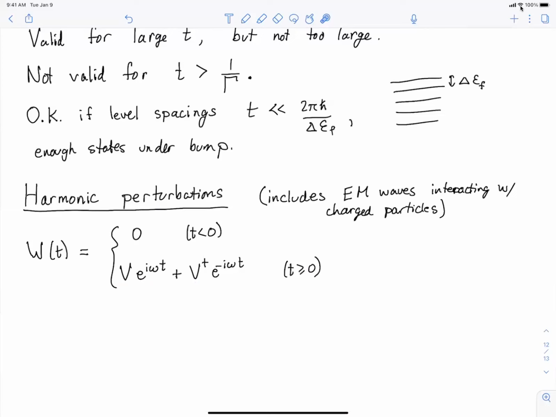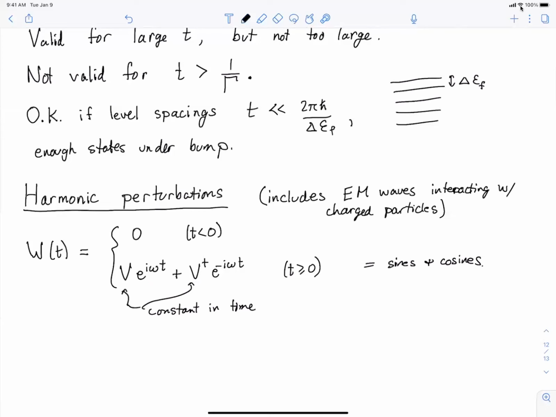And then once I've done that, I can write this as sines and cosines and that as sines and cosines. So really the whole thing is some linear combination of sines and cosines times V and V dagger, which we're going to be assuming are constant in time, but otherwise arbitrary.